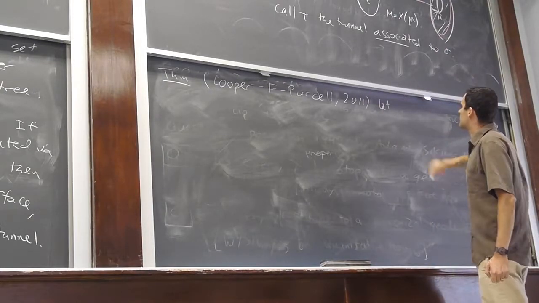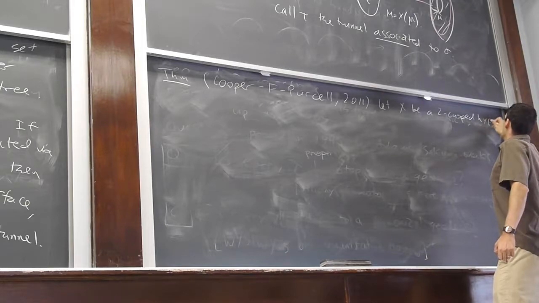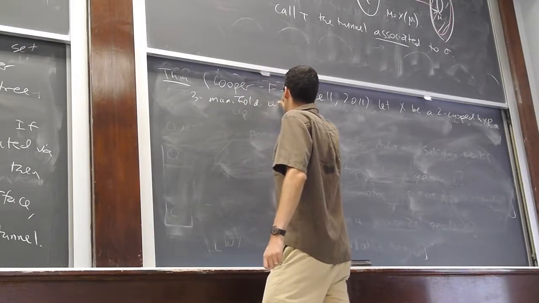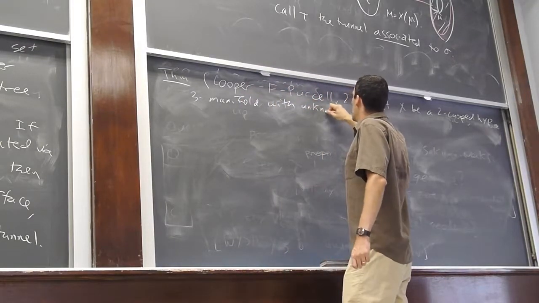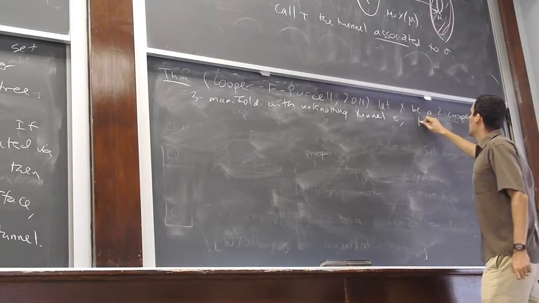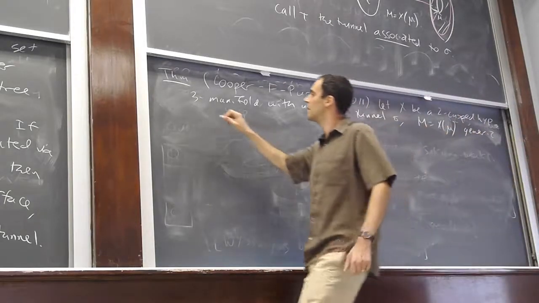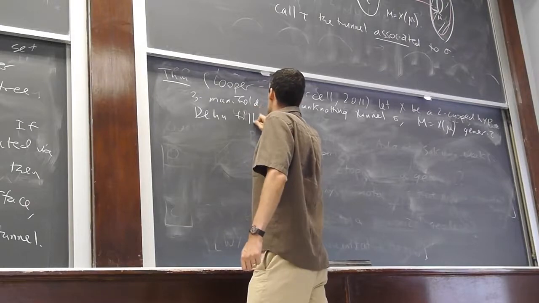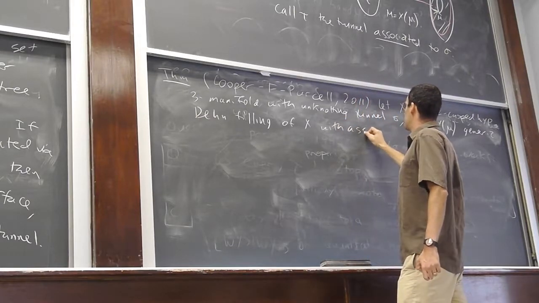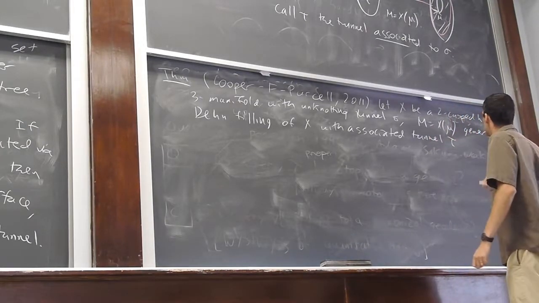So let X be a two-cusp manifold with tunnel sigma. Let M be a generic filling of X with the associated tunnel tau.